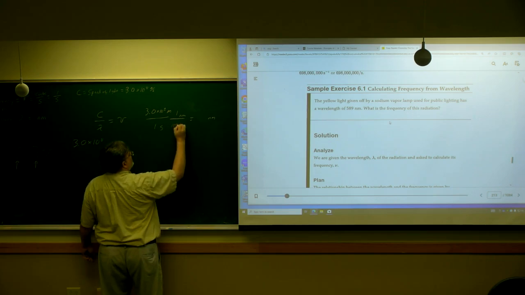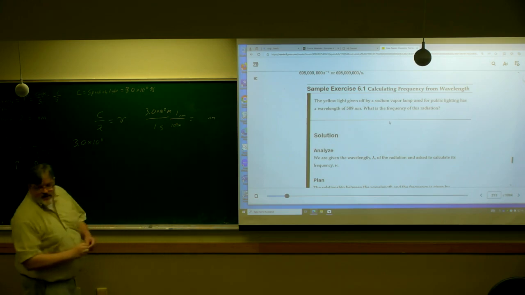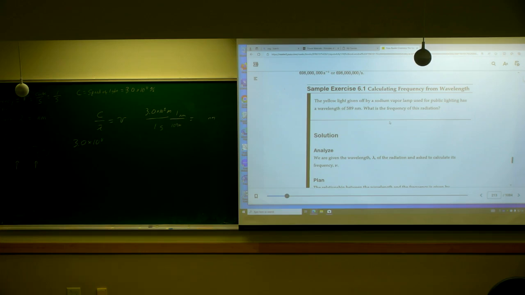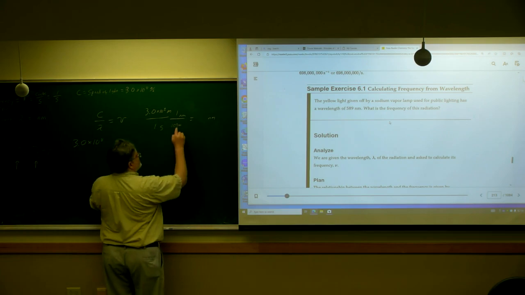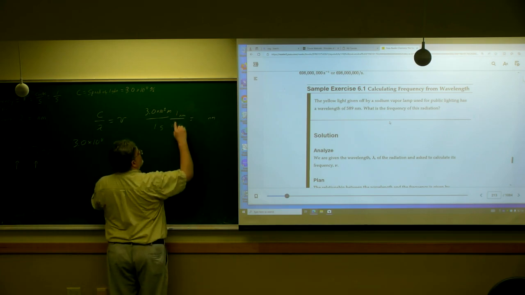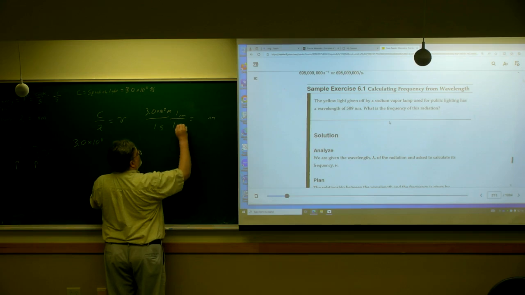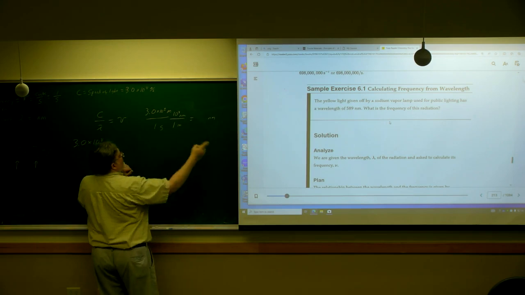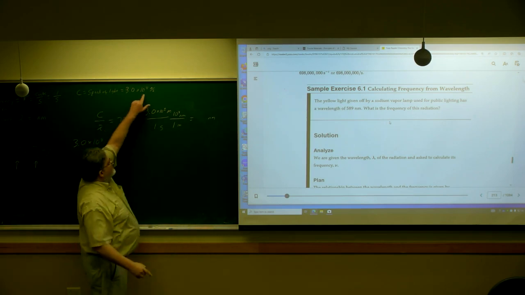No, 10 to the 9, for nano. I did that backwards. Let me do this: 1 meter is 10 to the 9 nanometers. So I'm going to convert this to nanometers per second.